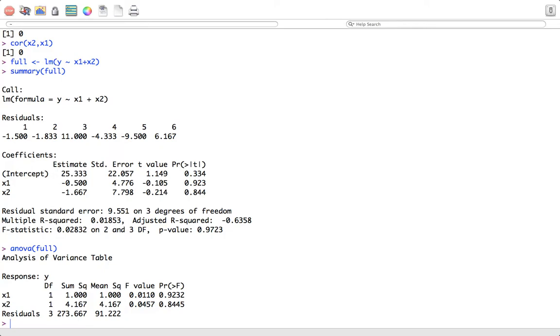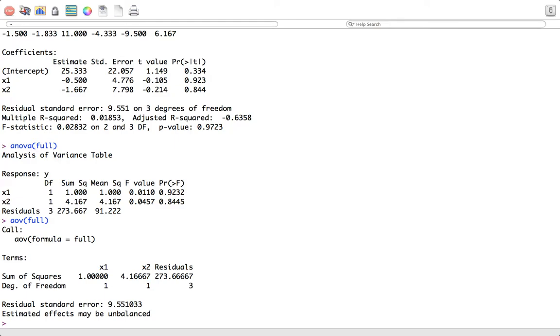Okay, let's do the ANOVA. So the regression sum of squares will be the sum of squares for x1 and x2.